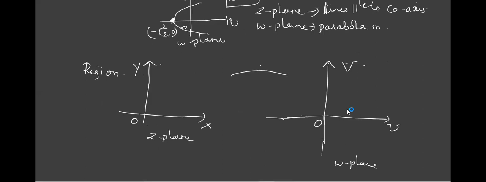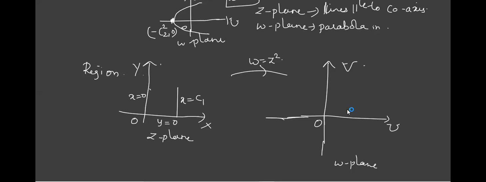What is the transformation here? W is Z square. The equation of the x-axis is y equal to 0, and for the y-axis it is x equal to 0. Here we have taken a line parallel to the y-axis, x equal to C1. What did we get in the first case? We got a parabola.